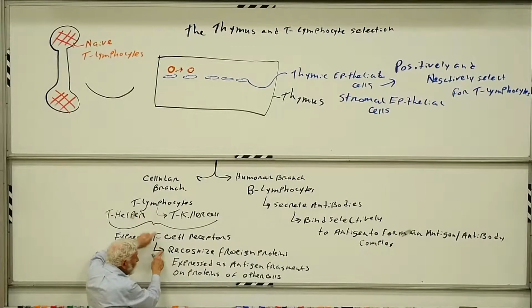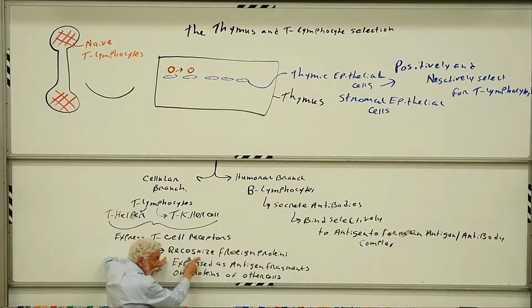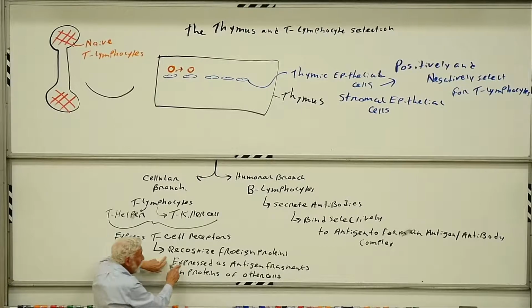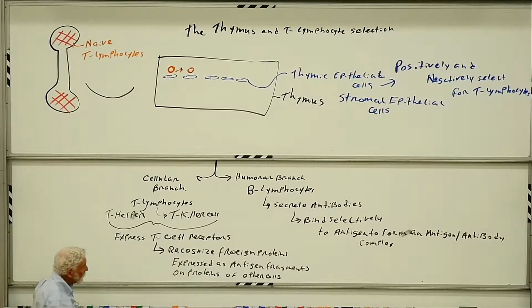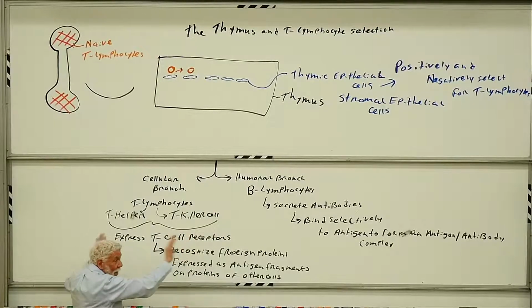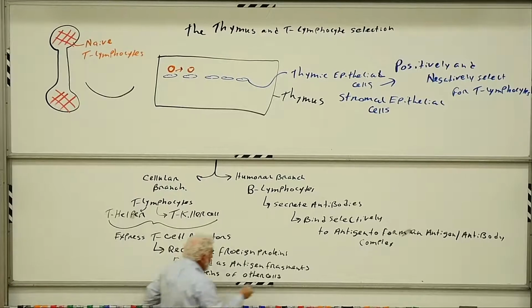But those proteins can't be floating about. They have to be expressed and displayed on particular proteins of other cells, and we'll walk our way through that on Monday. Those are the two big categories of the adaptive immune response.